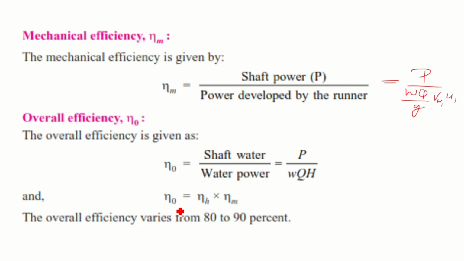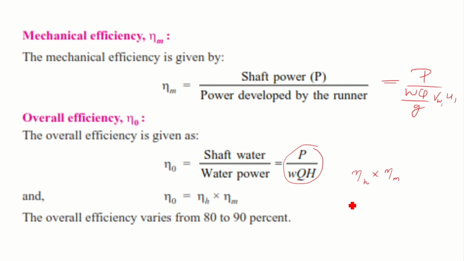Overall efficiency is equal to the shaft power, which is the output, the power available at the shaft, divided by the input, the water power WQH. The same equation can be obtained by multiplying hydraulic efficiency into mechanical efficiency.